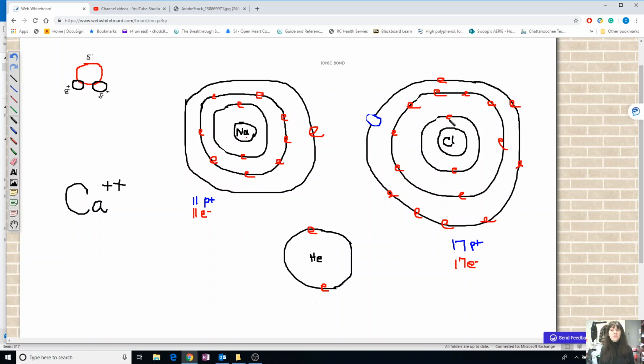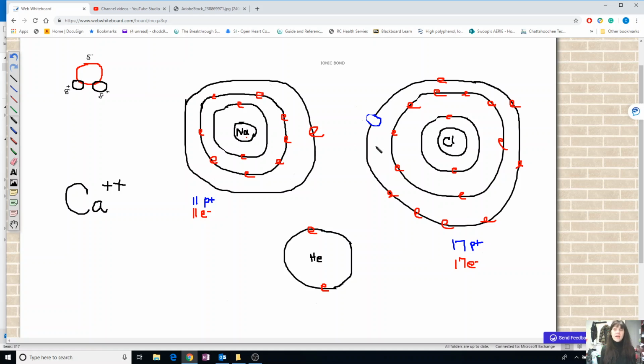So we know we've got 2 electrons in the first shell, 8 in the second. 2 plus 8 is 10. Well, we've got 17 electrons, so if we take 17 minus the 10 that we've already put in the first 2 shells, that leaves us with 7 remaining electrons. 1, 2, 3, 4, 5, 6, 7 remaining electrons in the valence shell, the outermost energy shell.